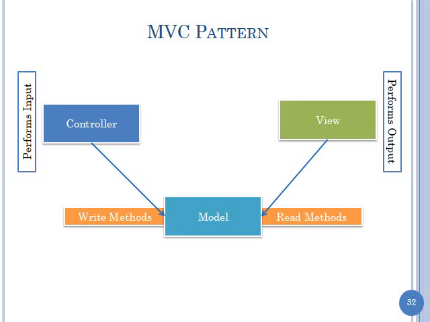And the view is going to be performing output. As the name indicates, the view is the one that displays an object. And the controller is the one that performs input, which means it takes user actions and translates them into calls to write methods. So that is my MVC pattern.